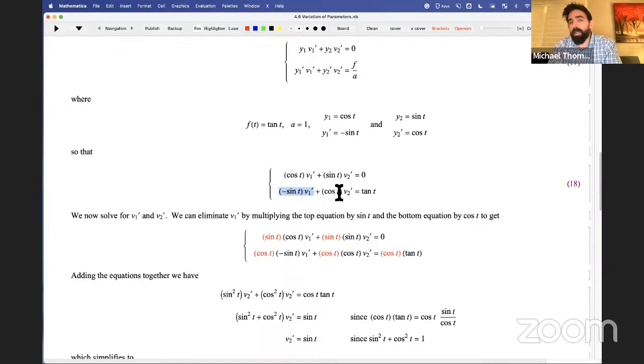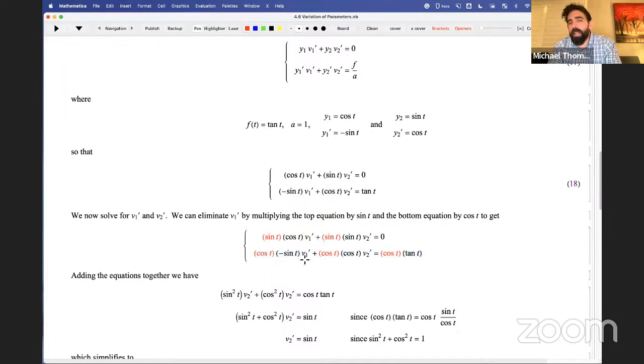Well, you want these terms to have opposite sign. So I'm going to take the top equation and multiply every term by sine t. If I multiply the top equation by sine t, I'll get that equation. Is that okay? For the second equation, I want something that's opposite. Since that negative is already there, I can simply multiply the entire bottom equation by cosine t. Is that okay?